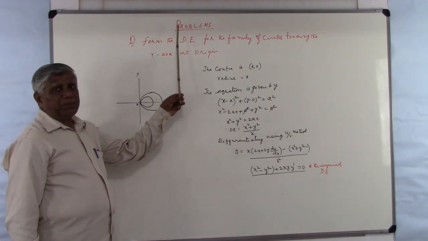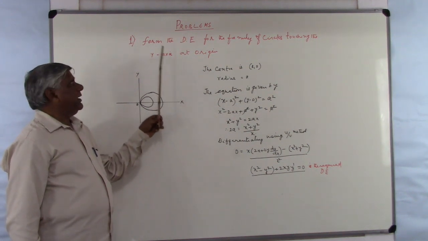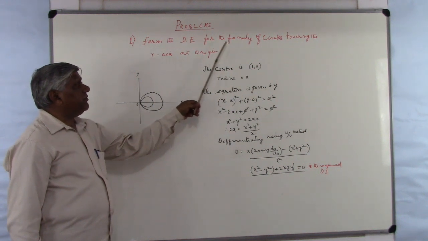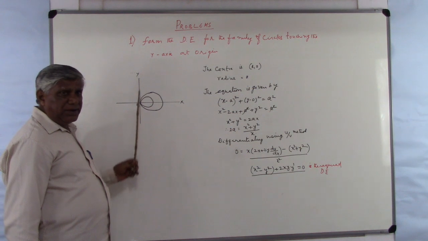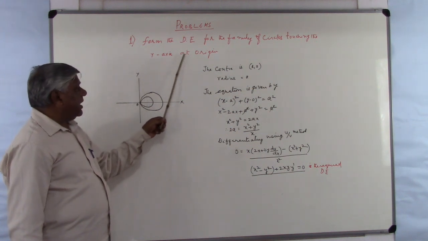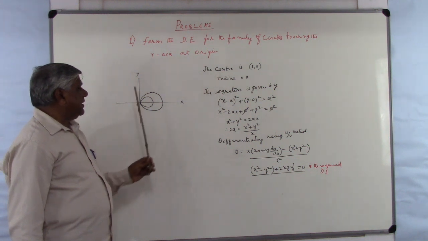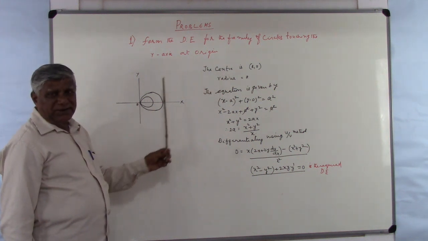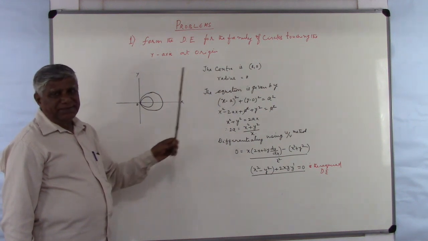We shall see the problems on formation of differential equations. Here, form the differential equation for the family of circles touching the y-axis at origin. Now, the center is (a, 0) for such circles. Center is (a, 0) and radius is a.